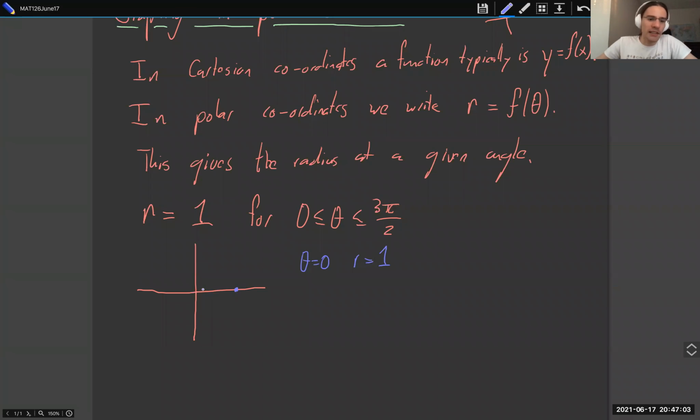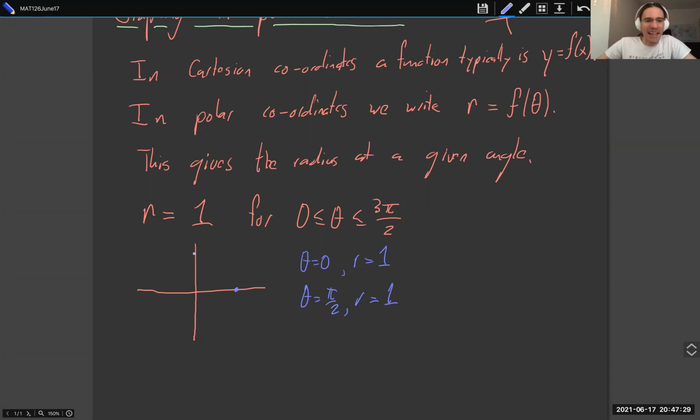So I plot the point 0, 1. Now, at theta equals pi over 2, what is r equal to? Does it change? It's the same, right? So it's always 1.